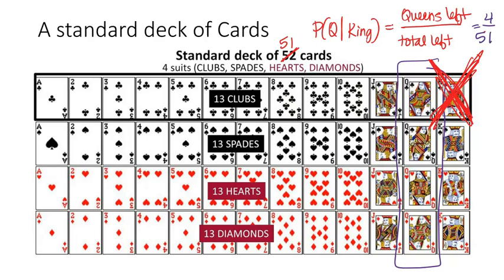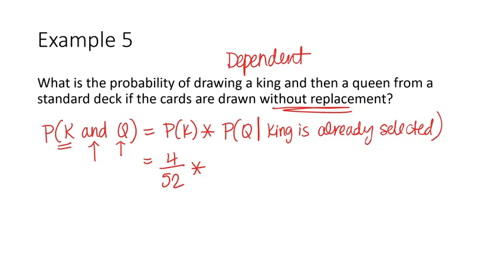That's what we mean when we say dependent probabilities. I have to remember that that king is gone. So there's still 4 queens in the deck because I didn't pick up a queen. But when I removed that king, there are only 51 left over. And we're ready to multiply.